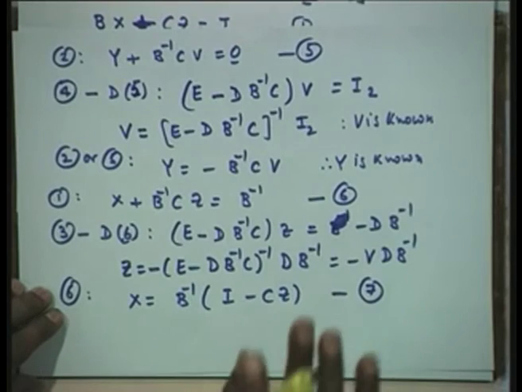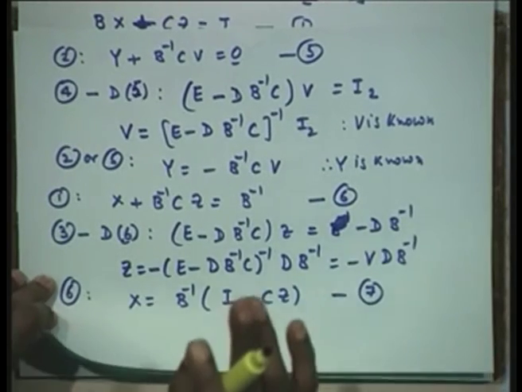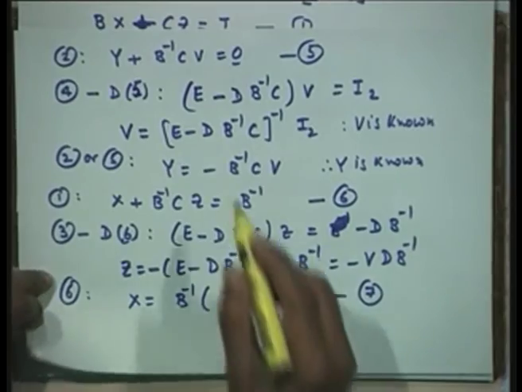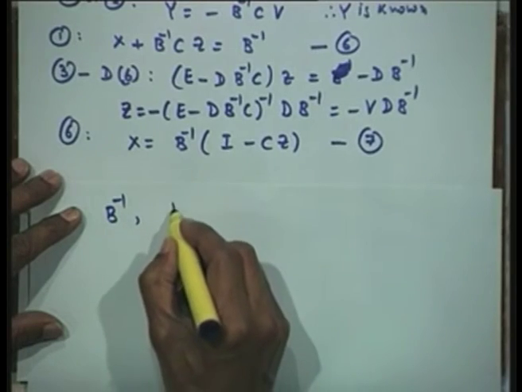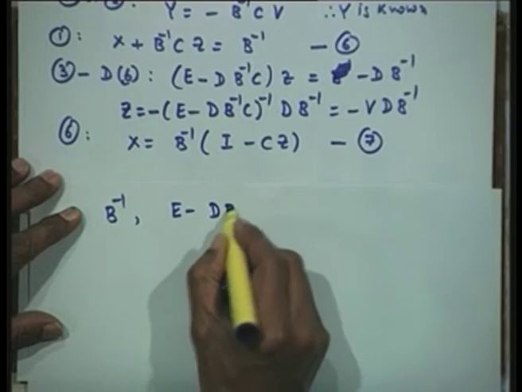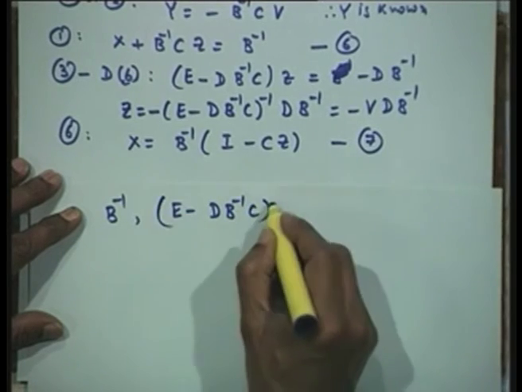What we should now see here is that in building this we have used only 2 inverses. One was B inverse, the other is E minus dB inverse C inverse.